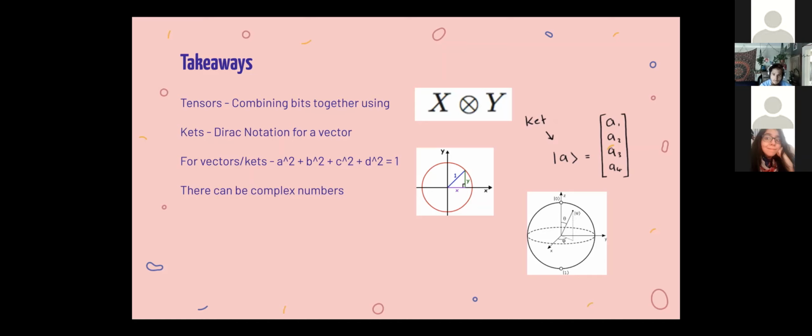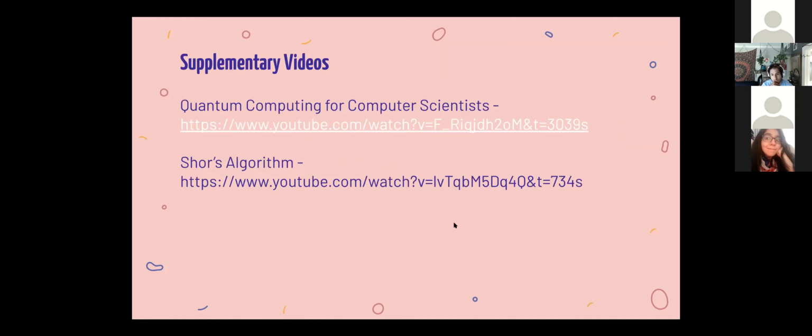And there can be complex numbers in the mix here, which just adds more dimensionality, which then gives you more possibility of superposition, cancellation, and stuff like that. So yeah, I think that's about it. Any questions?